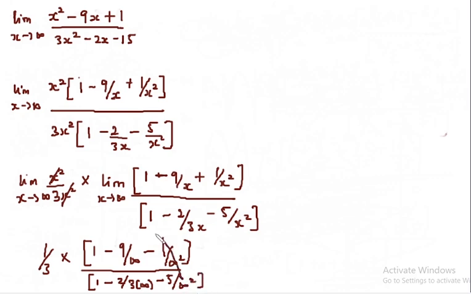So this will tend to 0, this will approach 0, this will approach 0, and this will approach 0. So what I really have is 1 over 3 times 1 over 1, and 1 over 3 times 1 over 1 is still 1 over 3.